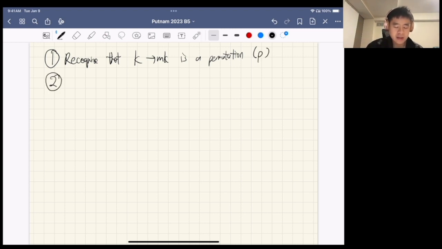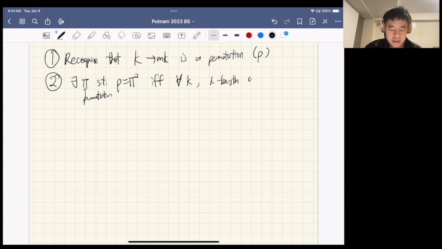The second one is that there exists pi such that rho equals pi squared, if and only if for all even k, there are an even number of k-length cycles.